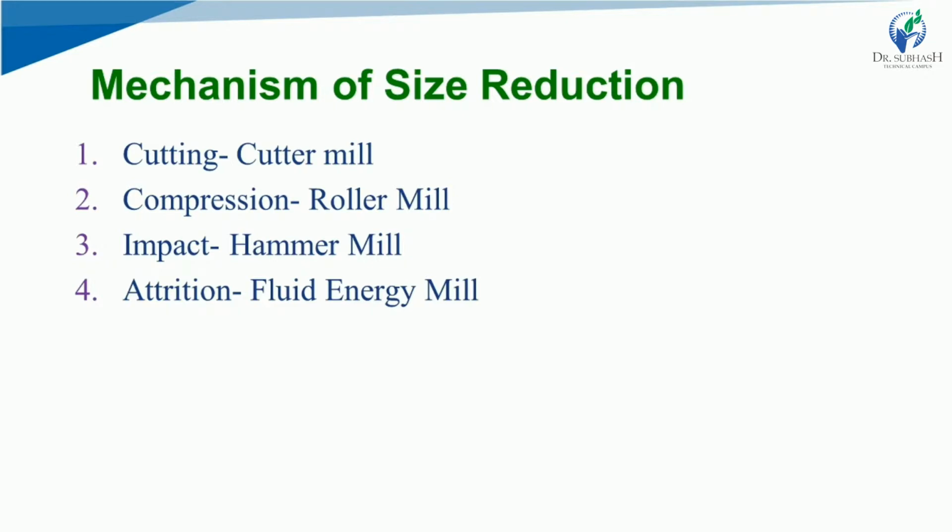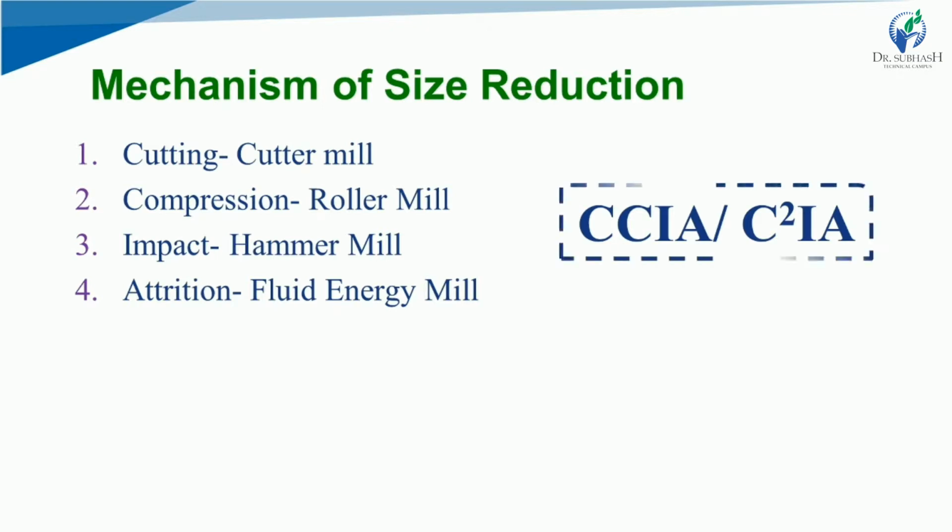For remembering these modes, you can use this trick: the first alphabet of each mode, that is CCIA, or you can also memorize C square IA. For first C it is cutting, for second C it is compression, I means impact and A means attrition. So this will help you in your competitive exams or even in your theory exams. So these are the basic modes of size reduction mechanism.